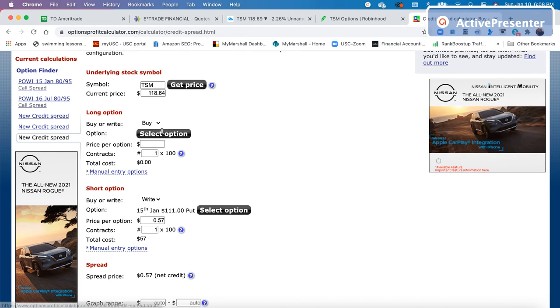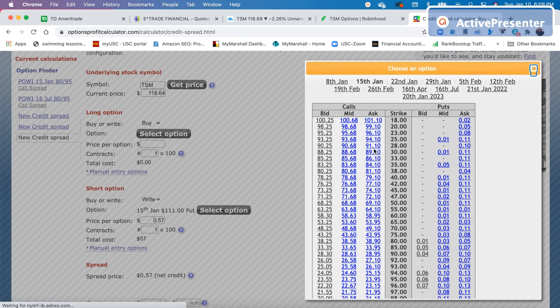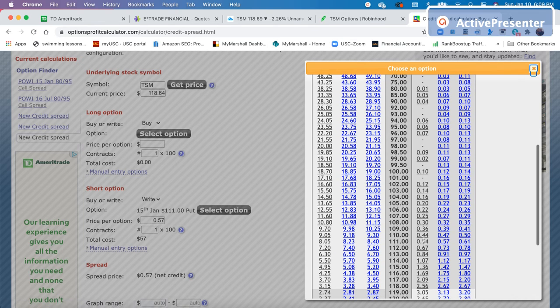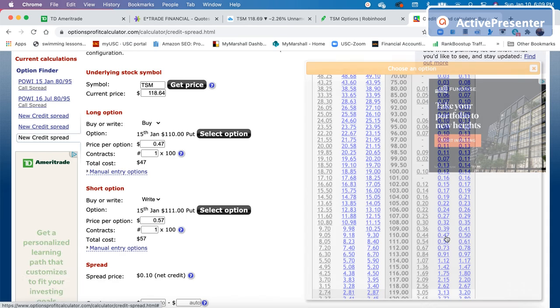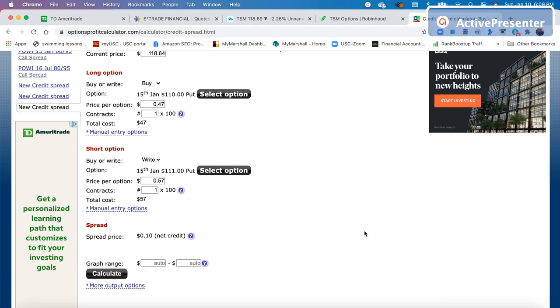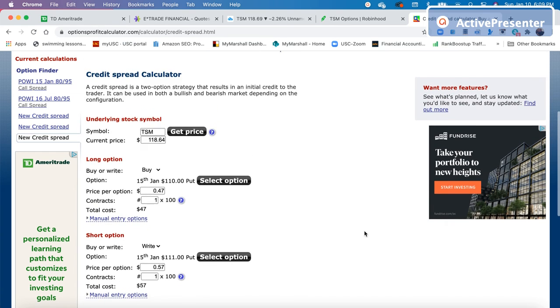Our buy is right here, and it was 110. So we'll go 110 over here. And if I remember correctly, I think we bought 50 contracts. Okay, so that's it. Here we go.